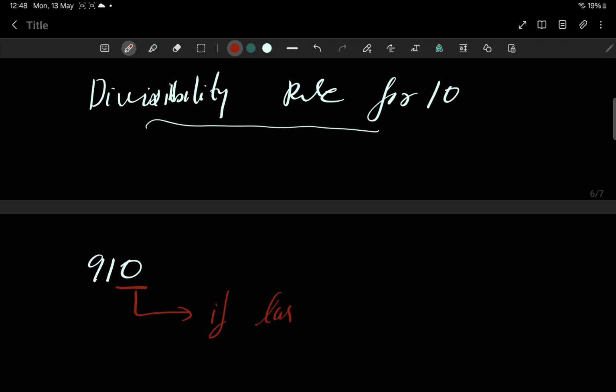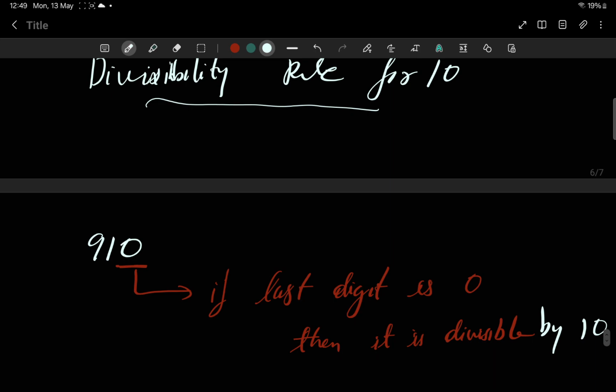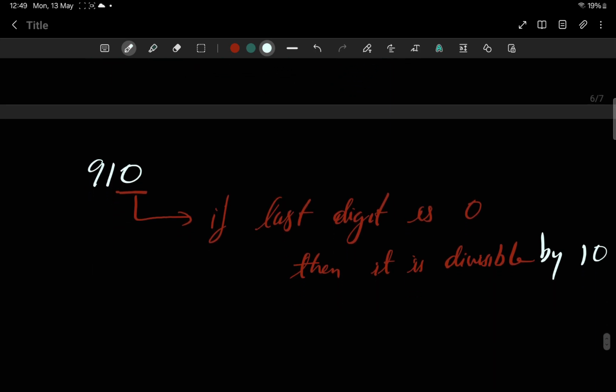If the last digit is 0, then it is divisible by 10. So I think you don't need many examples for checking the divisibility rule of 10. You only need to check that the last digit is 0. If the last digit is 0, then that number is divisible by 10.